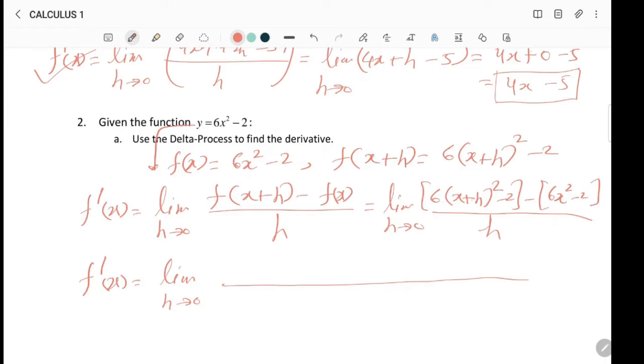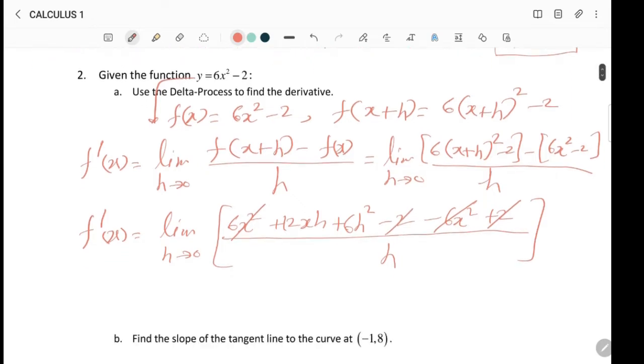So this is 6 and x square, because (x plus h) whole square will be x square plus h square plus 2hx. So this will be 6x square plus 12xh plus 6h square minus 2 minus 6x square plus 2 over h. Minus 6x square plus 6x square got cancelled, minus 2 plus 2 got cancelled.